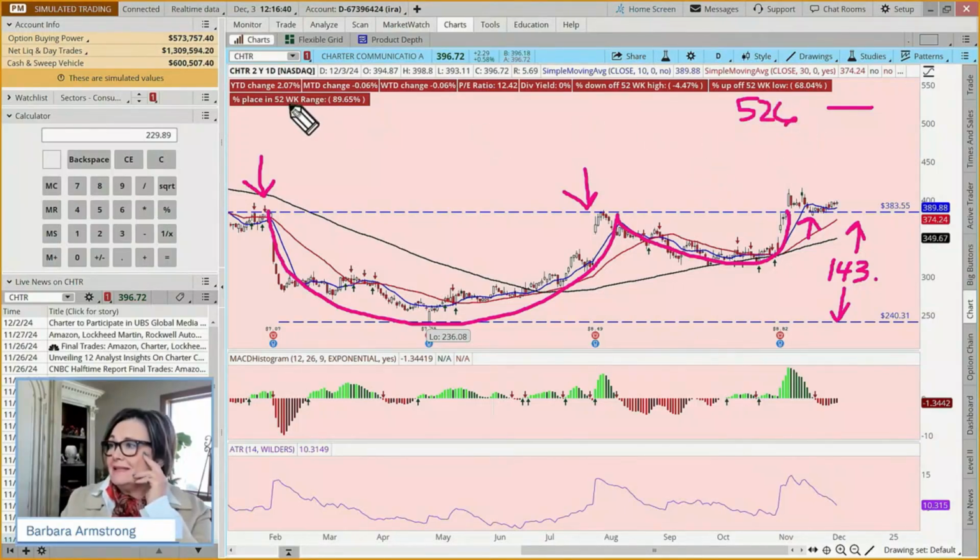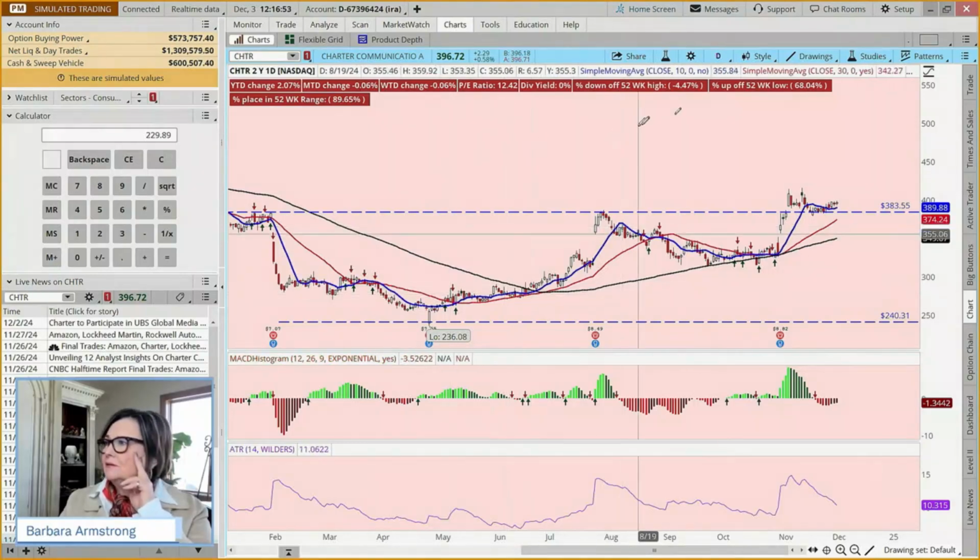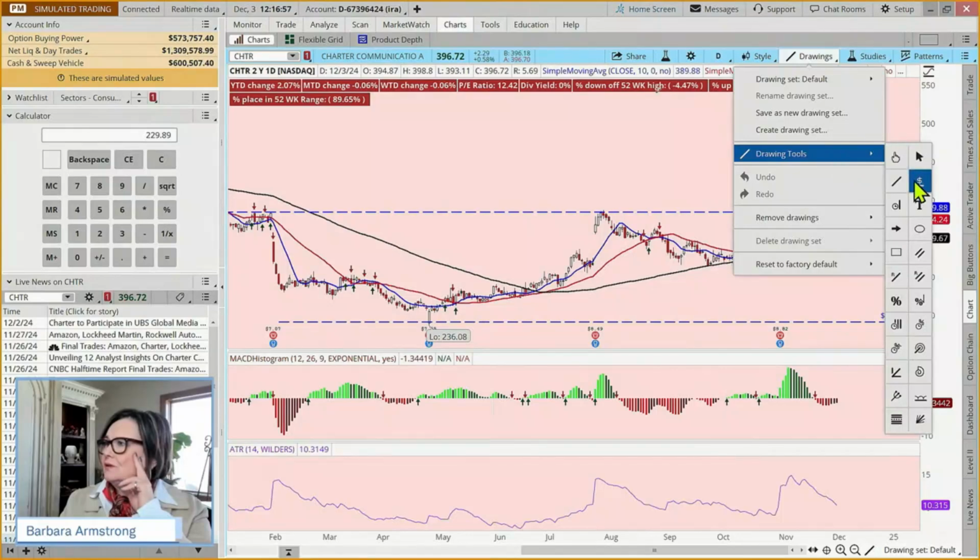And while that may seem awfully high, let's come and look at the longer term on this again. Oh, sorry, I've got to close out my drawing tool here.